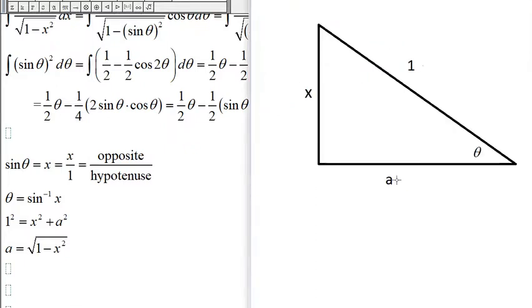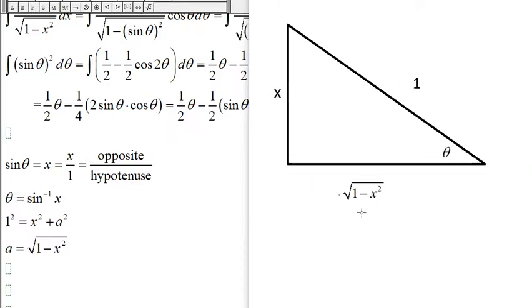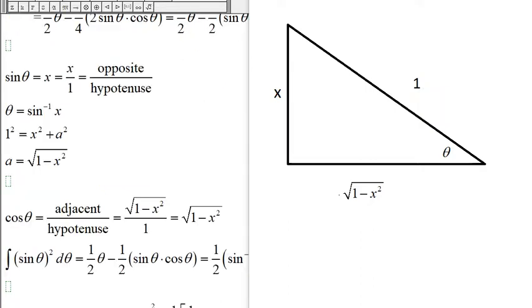So the adjacent side is the square root of 1 minus x squared. The cosine of this angle, cosine is adjacent over hypotenuse, so it will be the square root of 1 minus x squared divided by 1, which is the square root of 1 minus x squared.